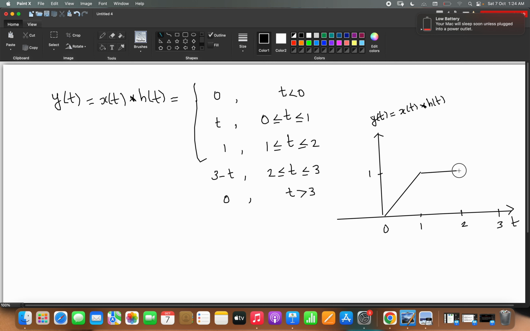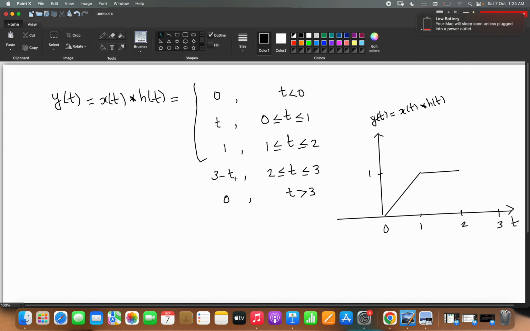So we draw a horizontal line from t equal to 1 to 2, and if you check the values of y of t during the time 2 to 3, it is 3 minus t. So let us consider t equal to 2.5, then it will be 0.5.